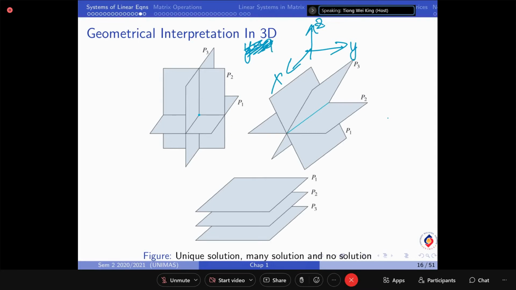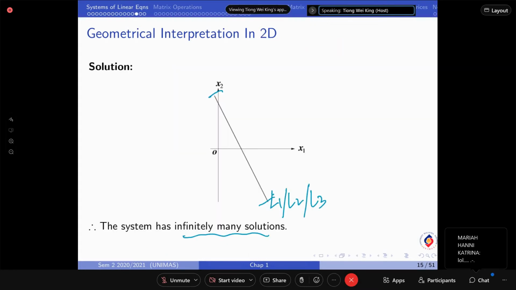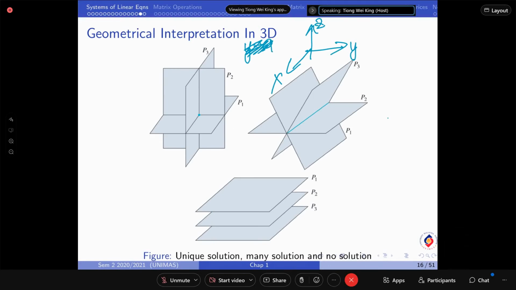Okay, so in 2 dimensions, we have a line. Then in 3 dimensions, we have a plane. So this is a plane.